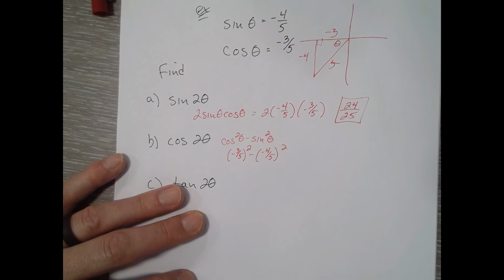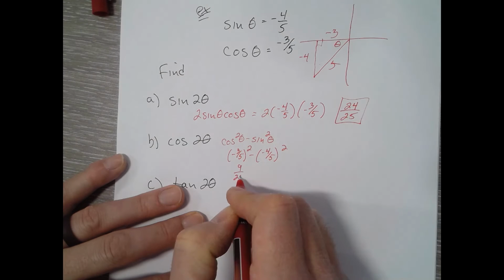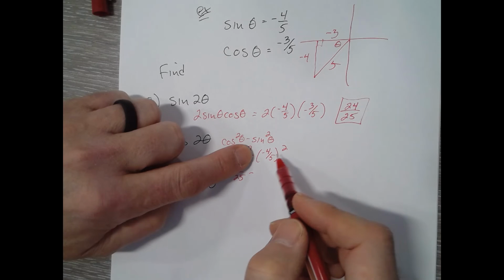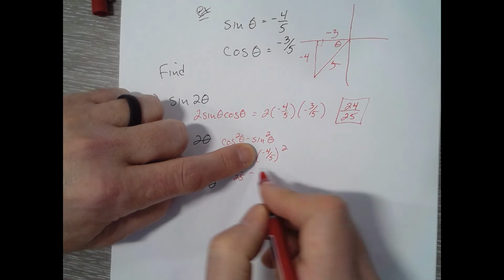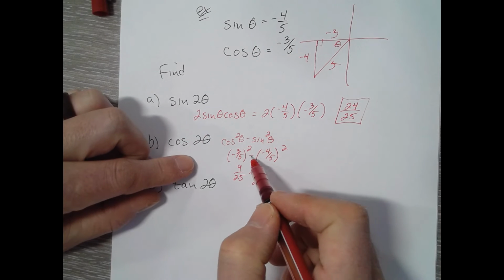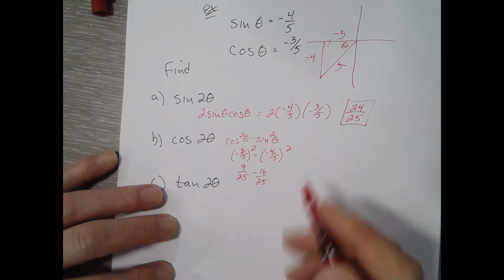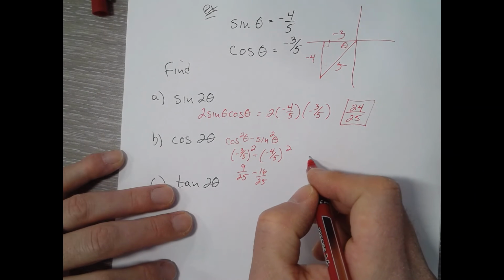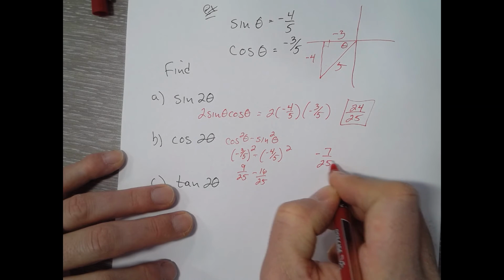Negative 3/5 squared is 9/25 minus, and then negative 4/5 squared, that's going to be a positive 16/25. So it's 9/25 minus 16/25, which is negative 7/25.